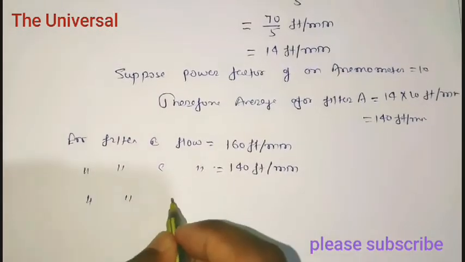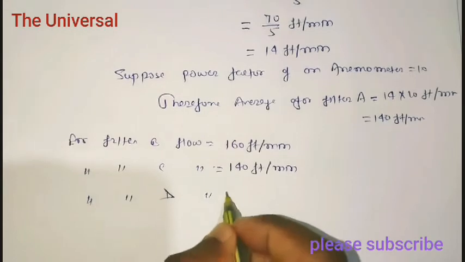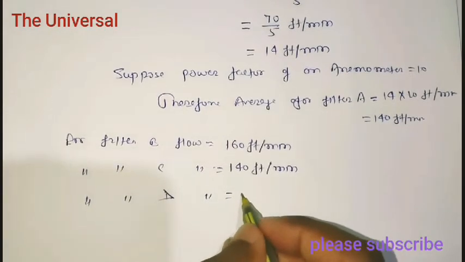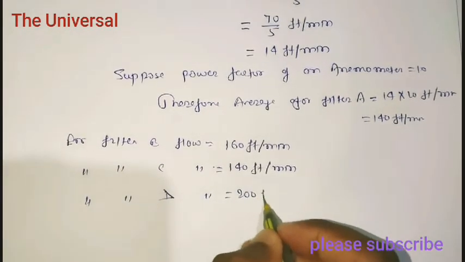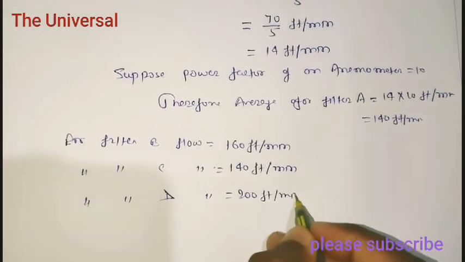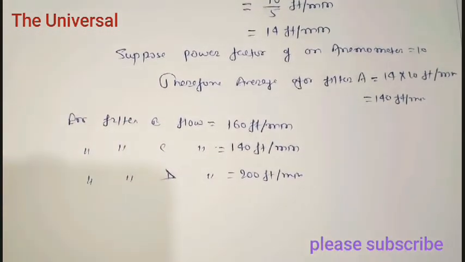For filter D, flow is equal to 200 suppose feet per minute. Now we will take all the flows to calculate the flow which takes place through this AHU.